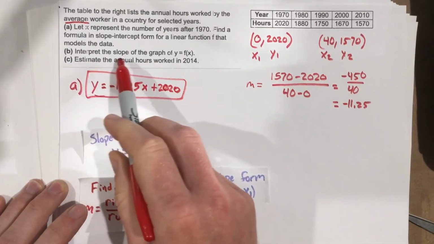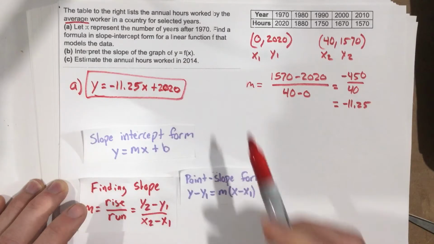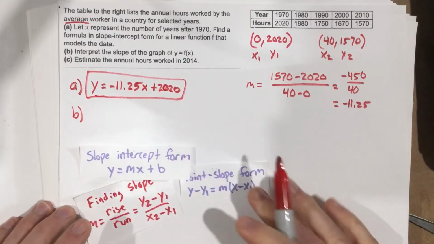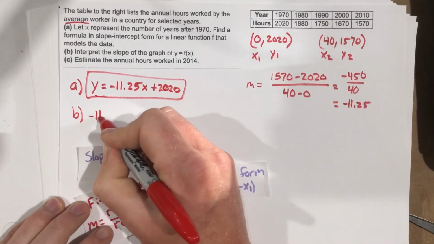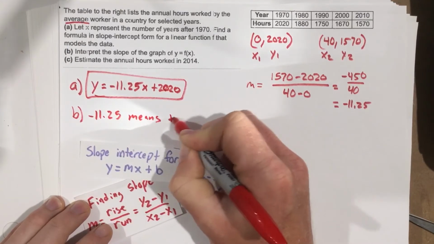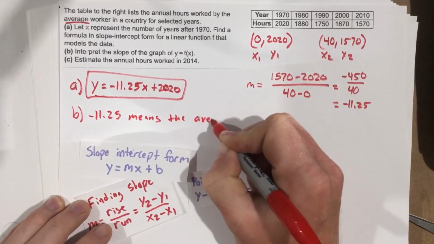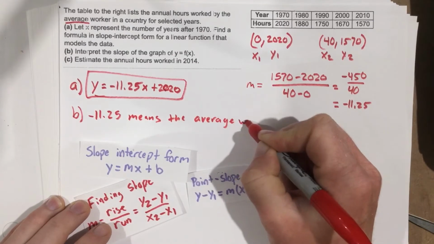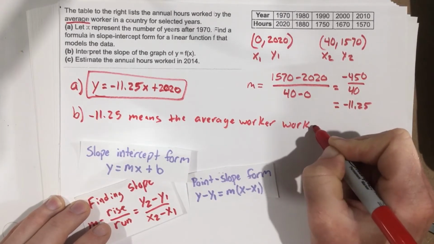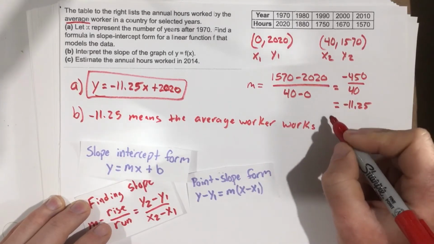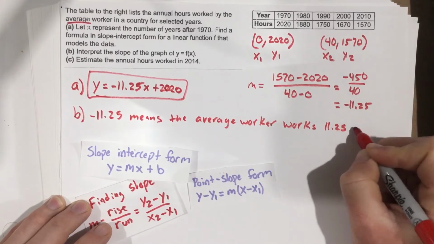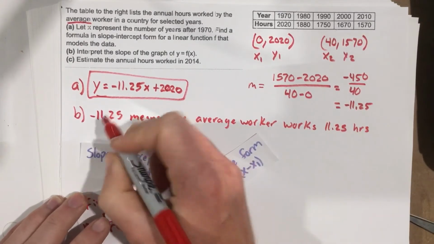Now part B, it says interpret the slope of the graph of y equals f of x. So what's the slope mean? Well, we just interpreted it a second ago. So negative 11.25 means the average worker works 11.25 hours less each year.